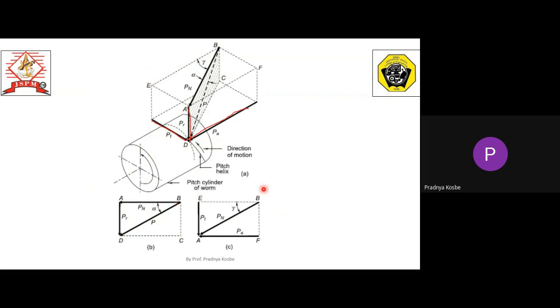And here, if I am taking this top plane EBFA, I will get Pn at an angle gamma. This is the tangential component and this is the axial component. So here also Pt and Pa.